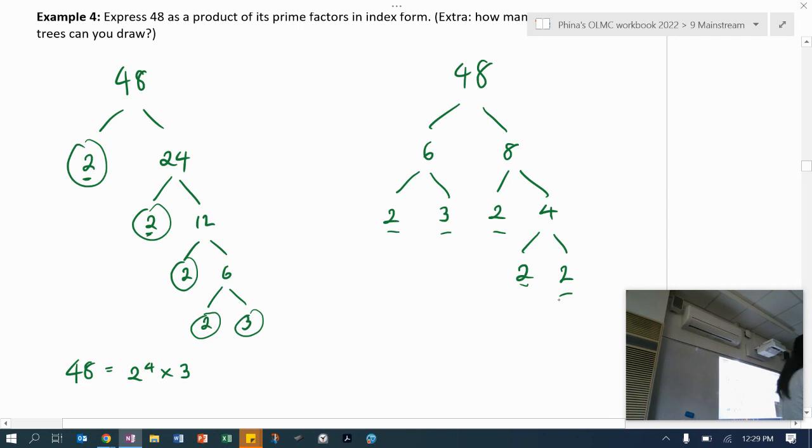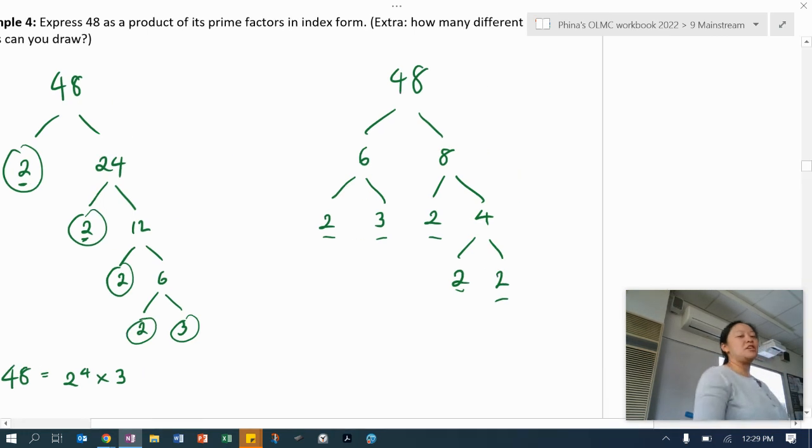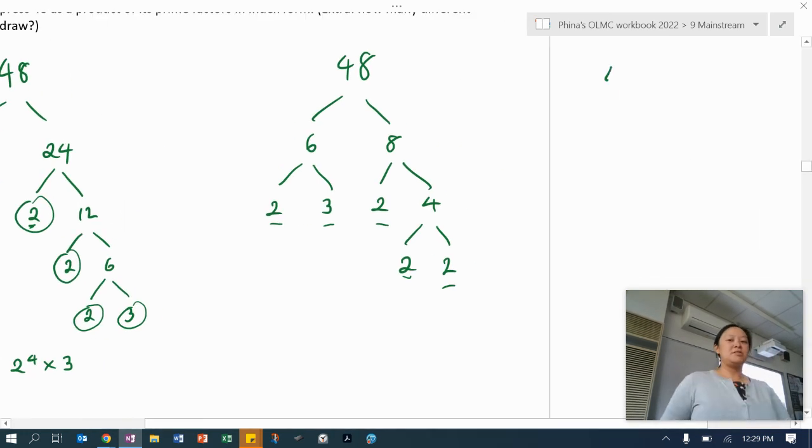Is there a way to figure that out without having to draw the tree? Is there a shortcut? The other way I've seen people do it is they go like this, and then they write the prime factor. So 2 is a prime factor, becomes 24, because 2 times 24 is 48.